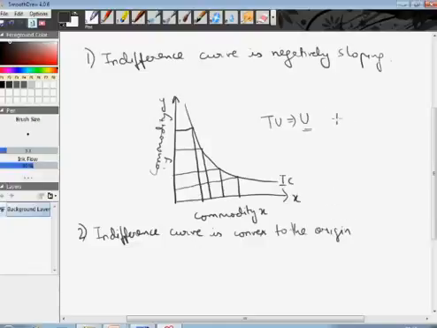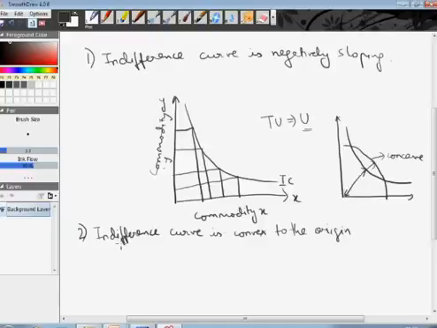We draw the graph here. We see here that if this is the indifference curve, it is convex to the origin, which means that the curve is drawn like this. It's not drawn like this. If it were like this, it would be concave to the origin, whereas the indifference curve is always convex to the origin.